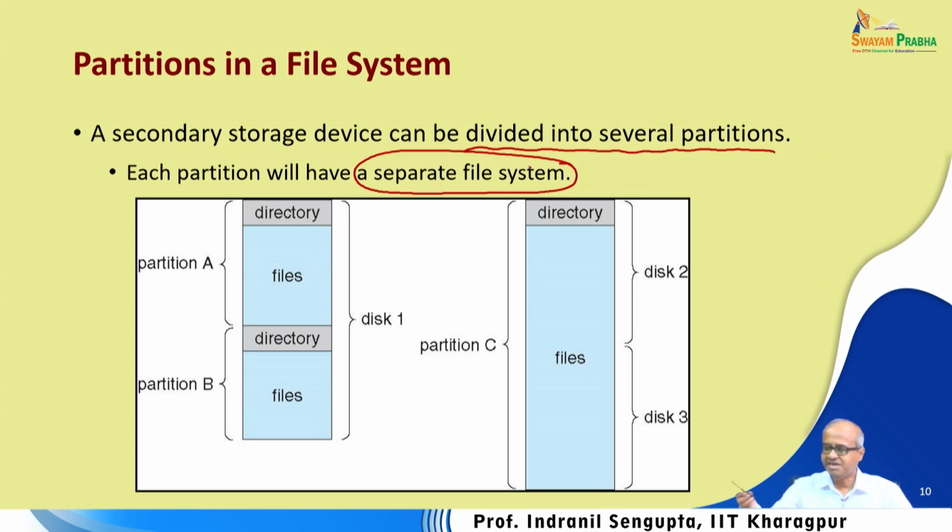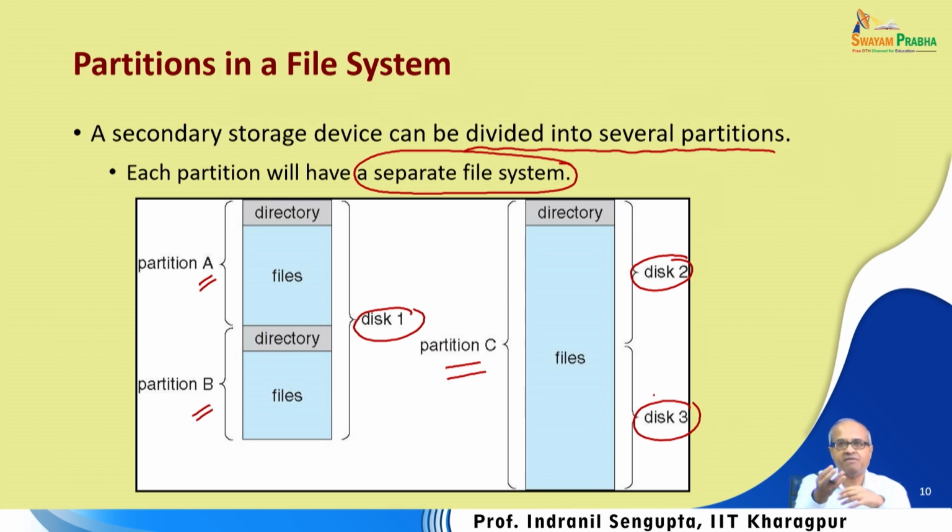So, let us say you have a disk 1, under disk 1 you have two partitions, partition A and partition B, you have two different file systems in these two partitions. And you can have some partition, this is also possible, some operating systems also allow this, multiple disks can be mounted one after the other to create a single large partition, that is also allowed in most operating systems.